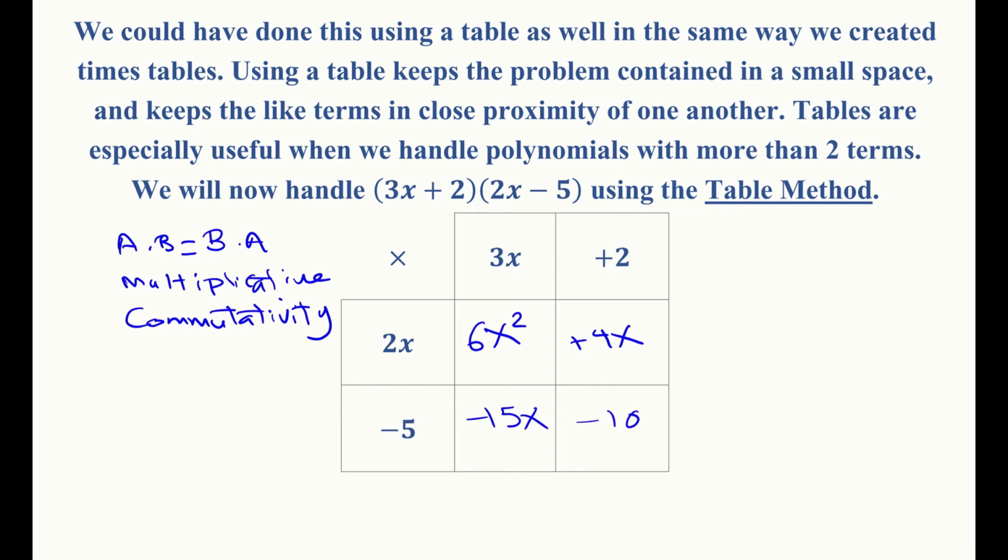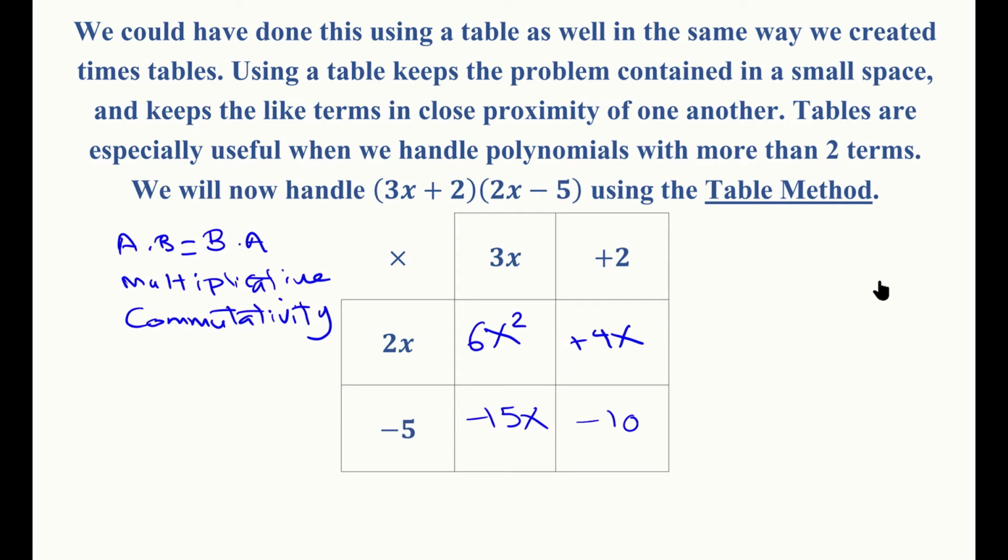All right, so the nice thing about this table method is that it keeps everything organized, and we're basically going to see all the like terms lined up like that usually, if there are no missing powers.